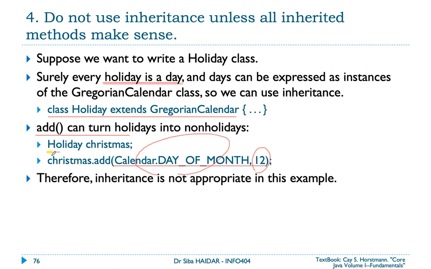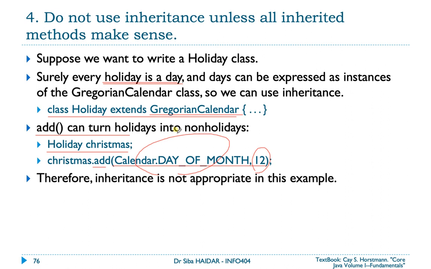If you declare a holiday Christmas, which is December 24th, and then you add 12 days, because you inherited the add of the Gregorian calendar, it is not a holiday anymore. So you applied the inheritance mechanism wrongly. You used the mechanism, but you made a big mistake. A holiday with 12 days added to it is not a holiday.